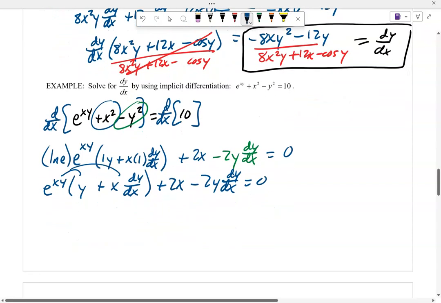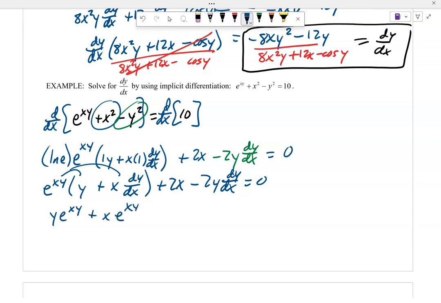I'm going to go ahead and distribute that. So I've got y e to the xy plus x e to the xy dy/dx plus 2x minus 2y dy/dx equals 0.